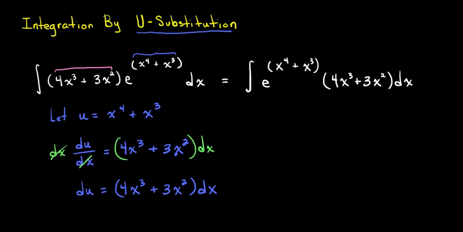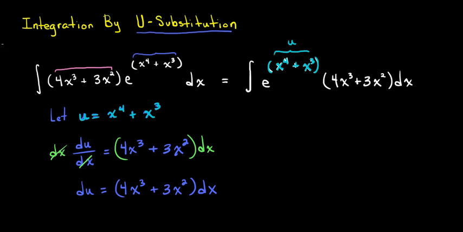For example, we said that u is equal to x to the fourth plus x to the third. Well, if we look at our integral, this part right here is what we let u equal, right? x to the fourth plus x to the third. So this whole thing right here is u.